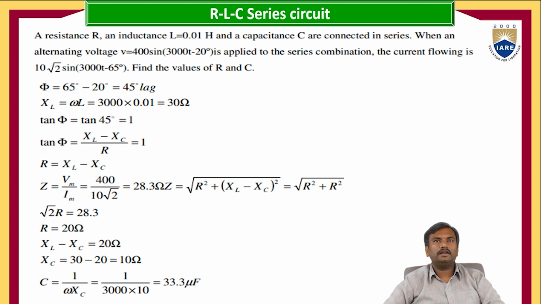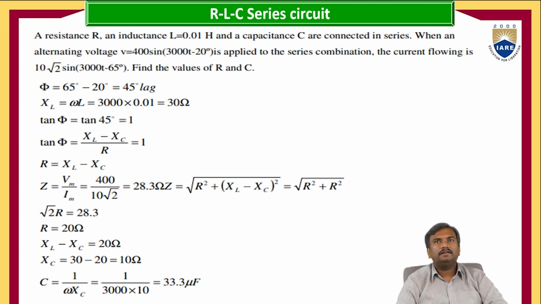An alternating voltage V is equal to 400 sine 3000 t minus 20 degrees is applied to the series combination of RLC elements. The current flowing through is 10 root 2 into sine 3000 t minus 65 degrees. Find the values of R and C.